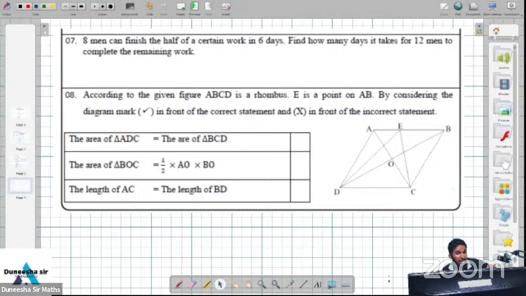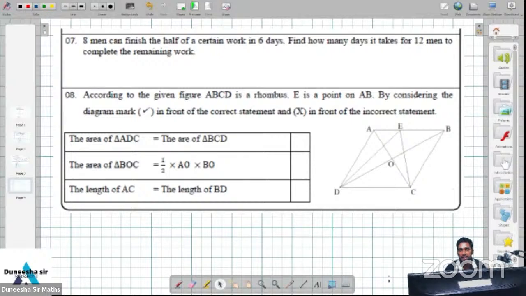Then how much remains now? It's half, so the remaining half is equivalent. How many men-days remain? 48. Find how many days it takes for 12 men to complete the remaining work.